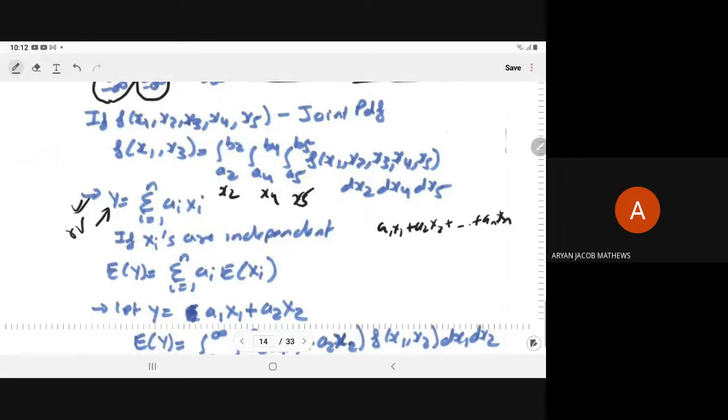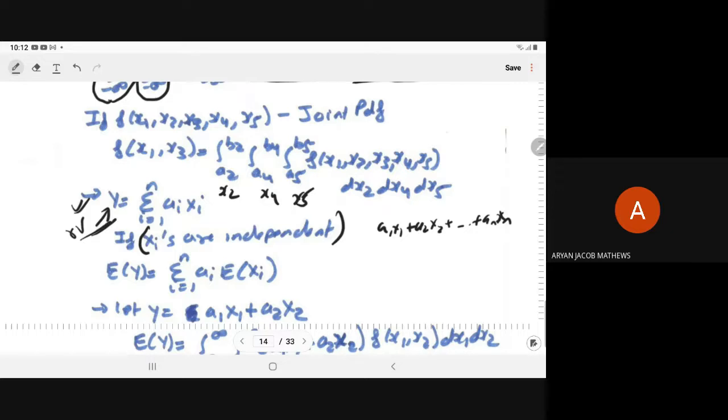So if the xi's are independent, now the condition is if xi are independent, this condition is very important, then the expected value of y. Why the expected value of y? Because y is a random variable.